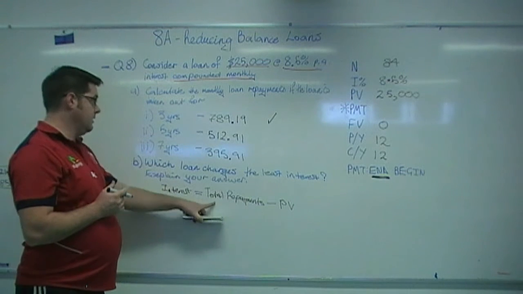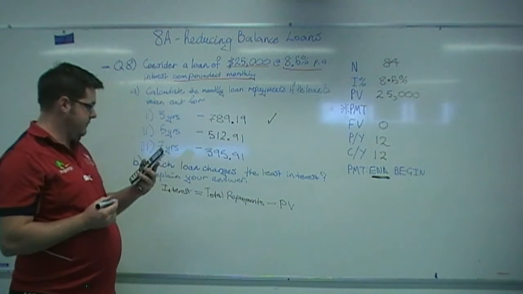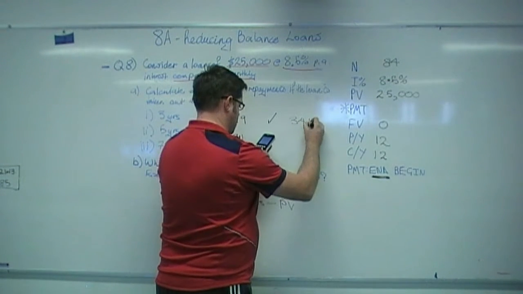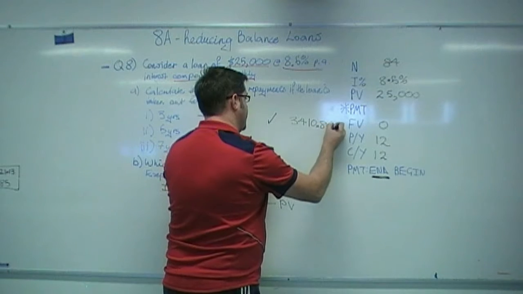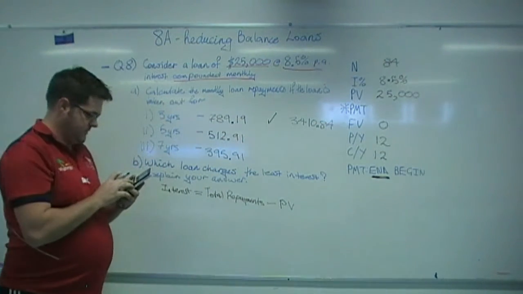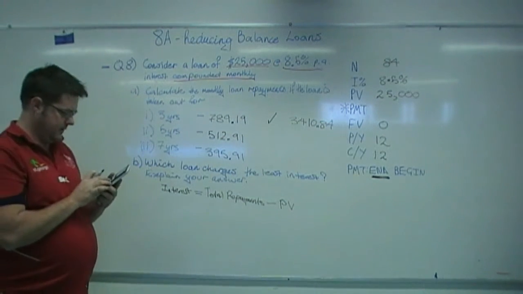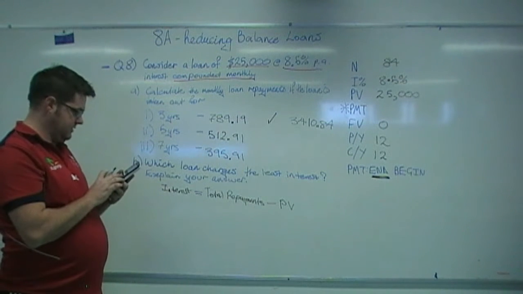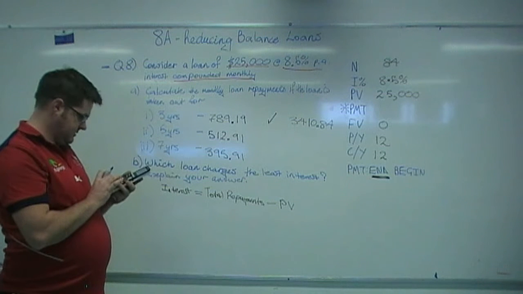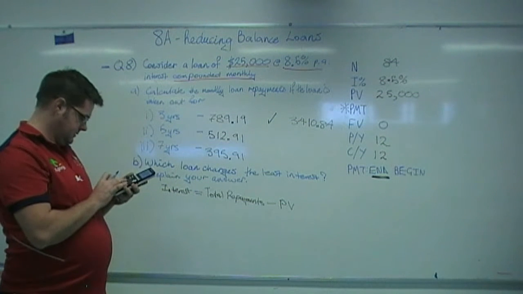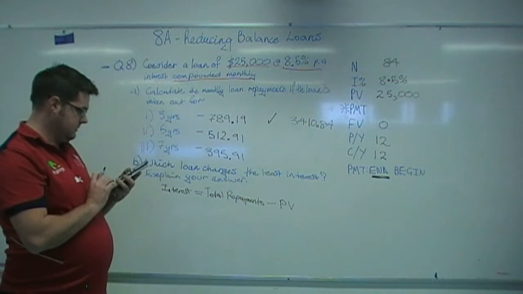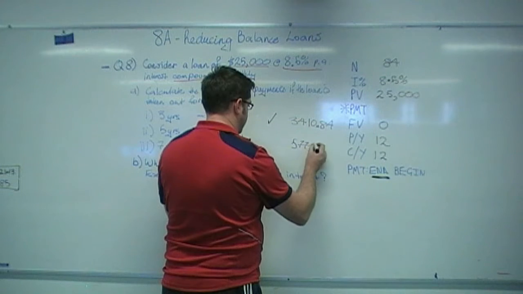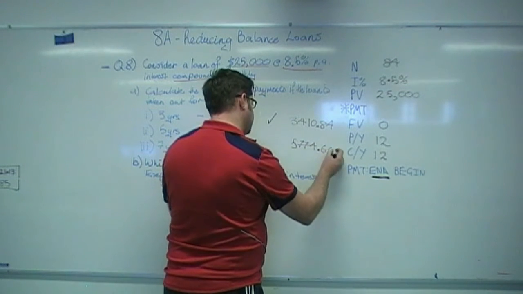So using this expression here, we can find out the interest paid for this is $3,410.84. And similarly, if we go back into our calculator and look at a 5-year term at $512.91, this will give $5,774.60.